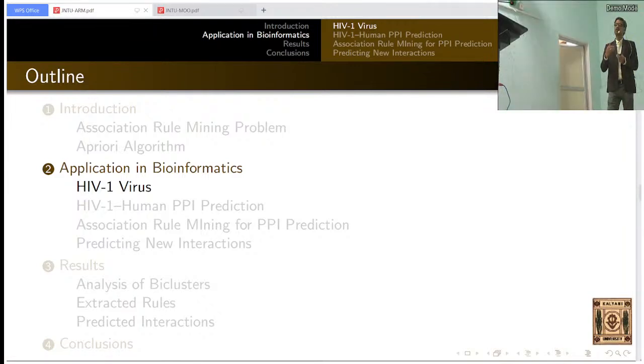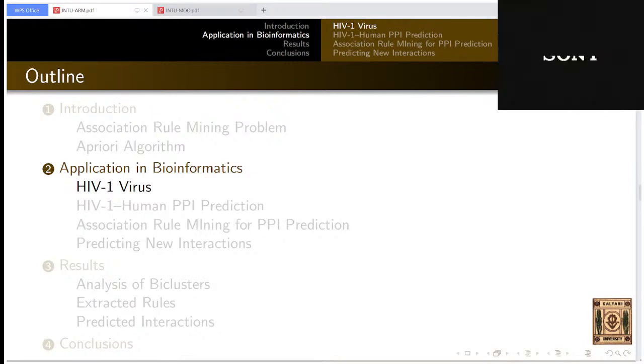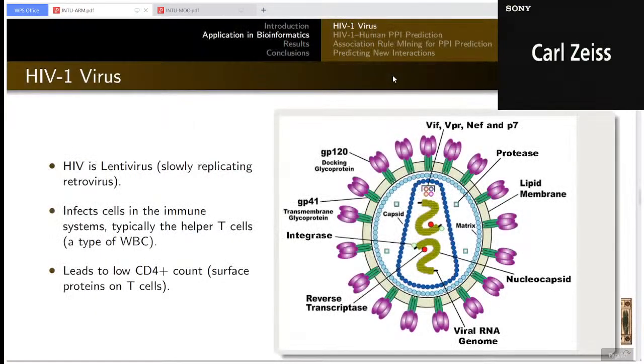These hundred will then be tested in the wet lab to get them validated. So computational approaches can give you a reduced set of most probable interactions. Let us see how we actually use association rule mining. I am just skipping all these things.